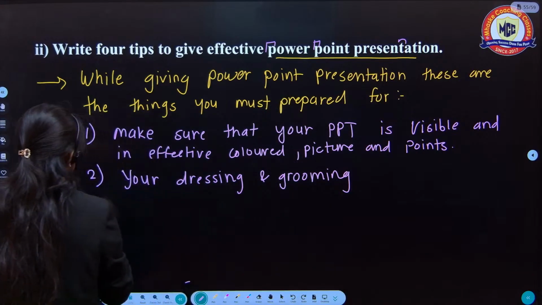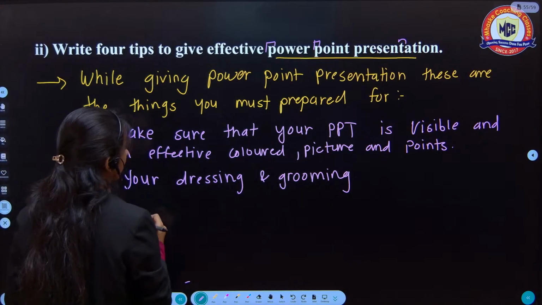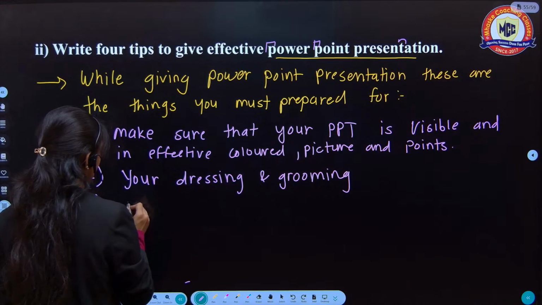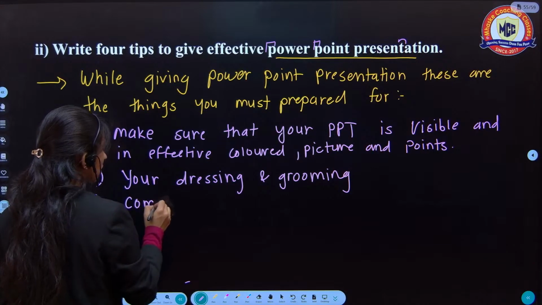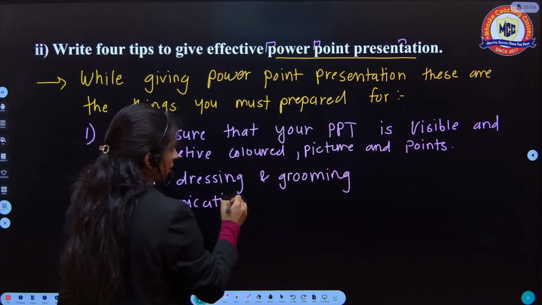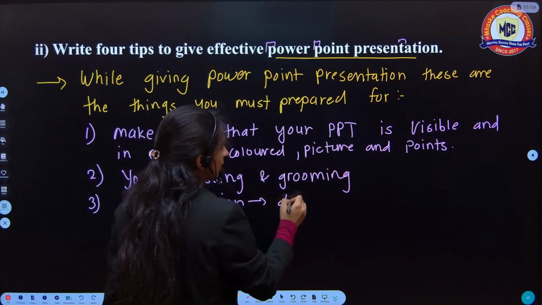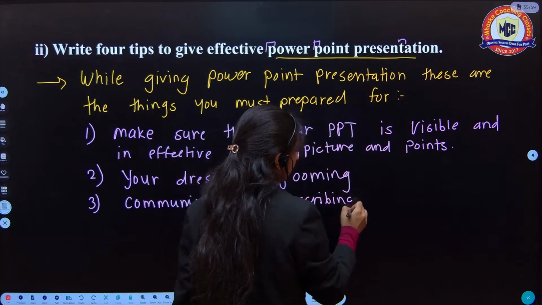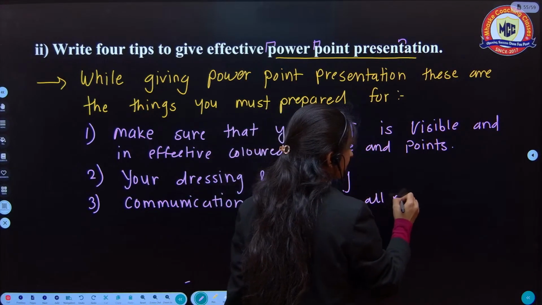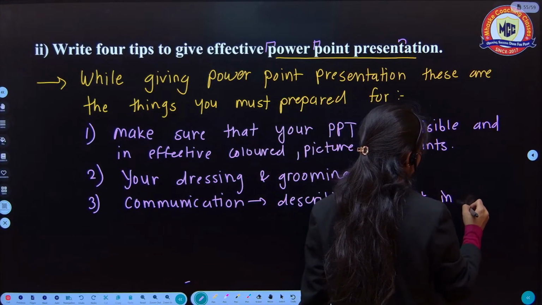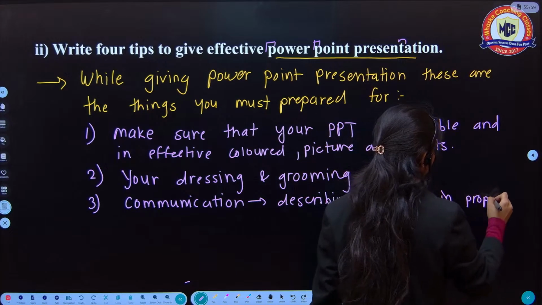Third one is your preparedness. So, third one is your communication skill. Communication, describing all points in a proper way is really, really important.